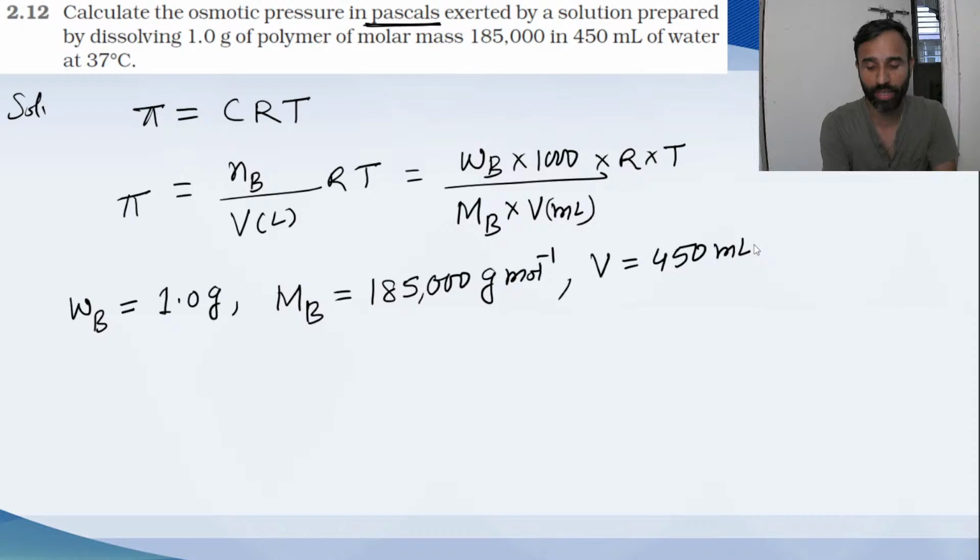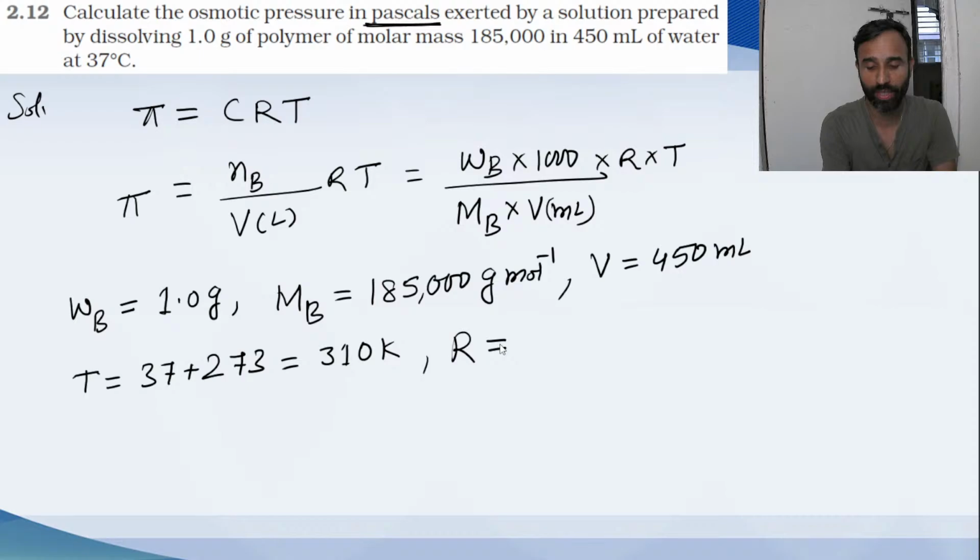And temperature equal to 37 plus 273.15. Keep it like this only. So it is 310 Kelvin.